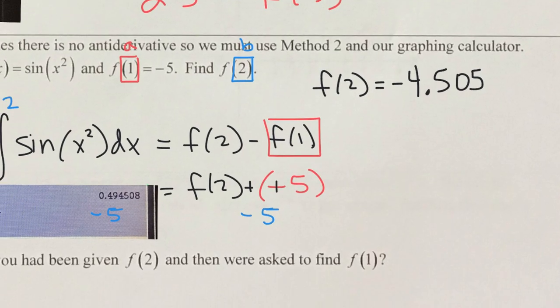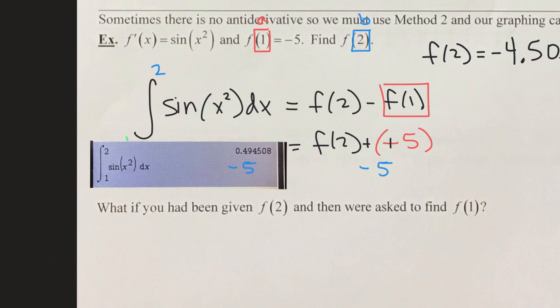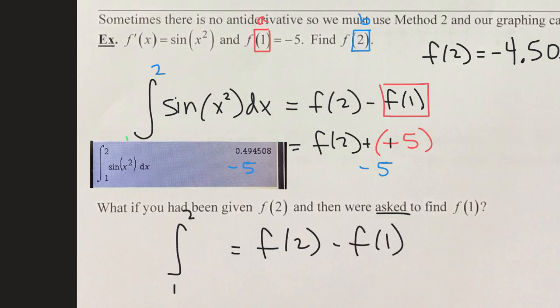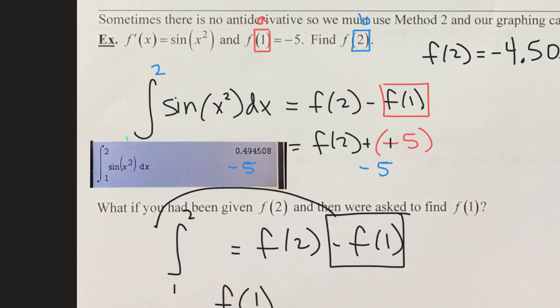Okay, our last question says, what if you were given f2 and asked to find f1? So if we had the integral from 1 to 2 equals f of 2 minus f of 1, that means we're going to add f of 1 to this side, and we're going to subtract the integral from the other side.